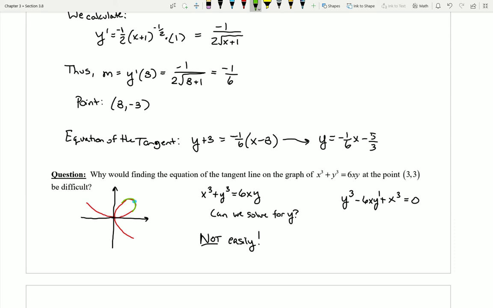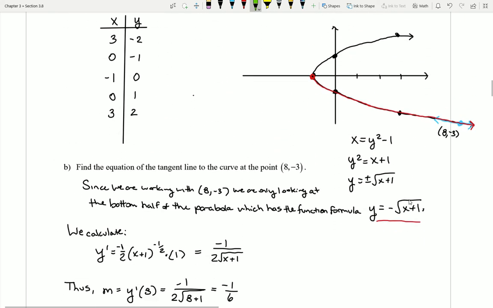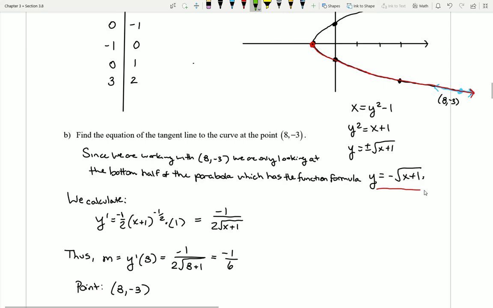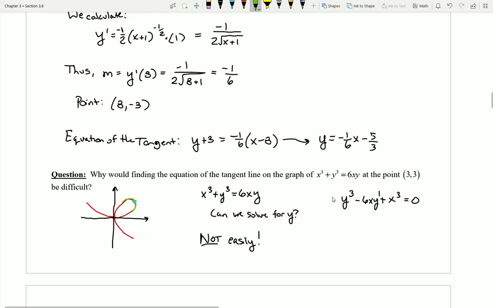So our real question, our real dilemma at this point is what in the world are we actually going to do now that we are witnessing equations that are not so easy to solve for y and just identify, oh, I'm working with this side, and so I can easily just take a formula for that side and repeat our standard process. What are we to do? Well, we'll talk more about that in the next video.